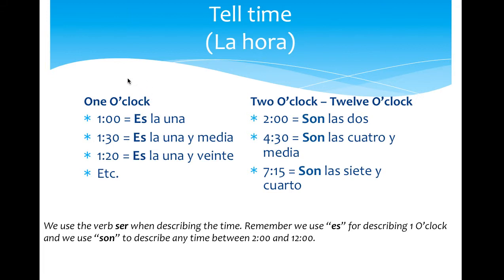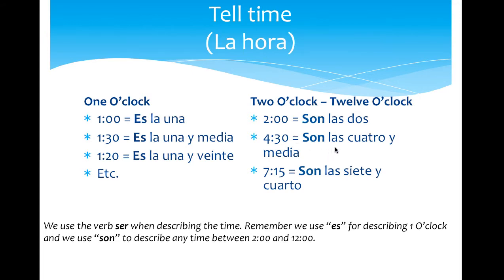So, for example, 1 o'clock: Es la una. Es la 1:30. Es la 1:20, etc. However, from 2 o'clock to 12 o'clock, we're going to be using the plural third person form of the verb ser, which is son. So for 2 o'clock, son las 2.